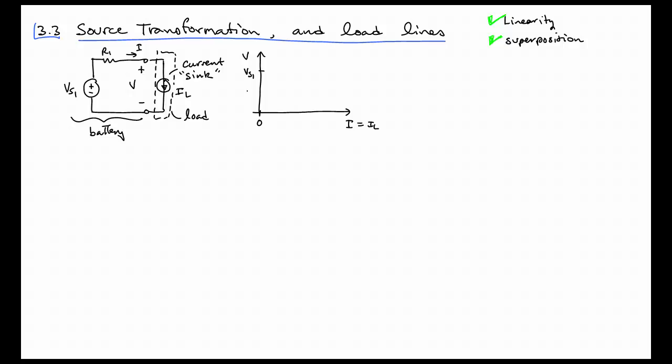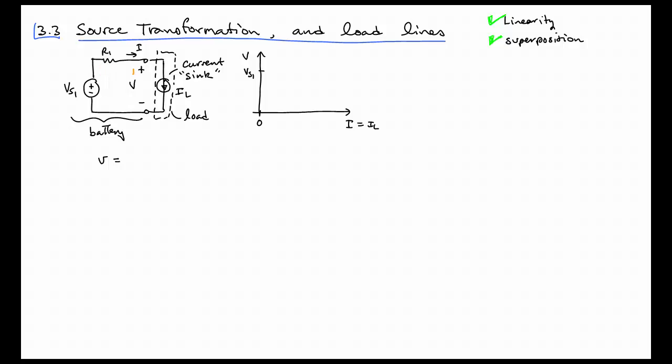Let's actually write an expression for V in terms of VS1. You can solve this by KVL. If I walk around this loop and add all the voltages, we could come up with an expression. I'm going to venture to say that at this point you're comfortable with me simply writing this by inspection and saying that this voltage V from plus to minus here is going to be equal to VS1, plus whatever voltage is dropped across the resistor VR1.